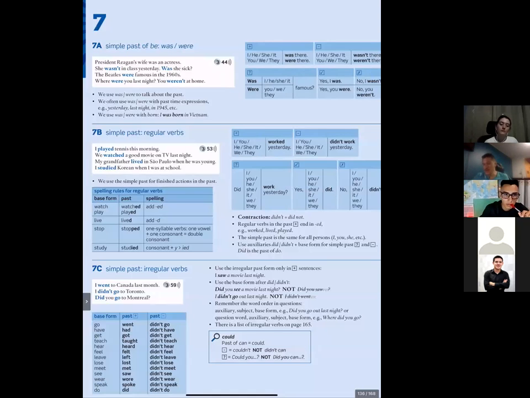Okay, guys, now we're going to move into simple past for regular verbs. Again, we use simple past for actions or things that already happened. They happened a minute ago, 2 minutes ago, 1 day ago, in the morning, in the afternoon, because now we are at night, etc. Let's look at the examples.